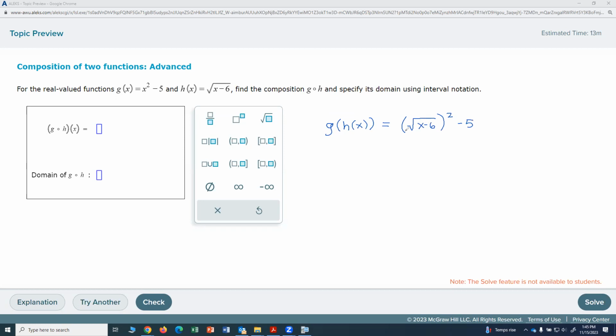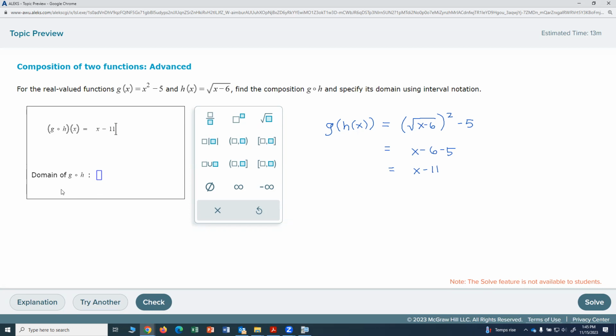The square root and the square undo each other, and so I end up with x minus 6 minus 5, which would give me x minus 11. So I'm going to go ahead and type that in over here. That's my composition of the two functions.